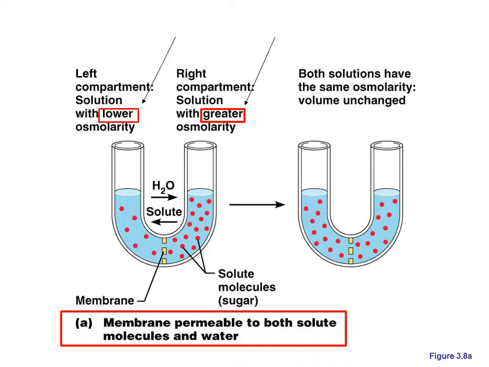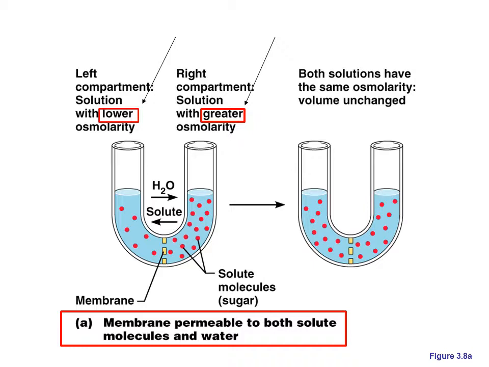This image is showing how the membrane is permeable to both solute and water. So in our experiment 6.3, the membrane restricted the larger sugar from moving, but it did allow water and iodine to move in and out freely.